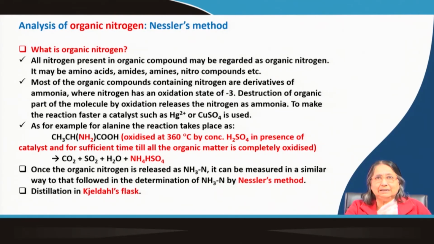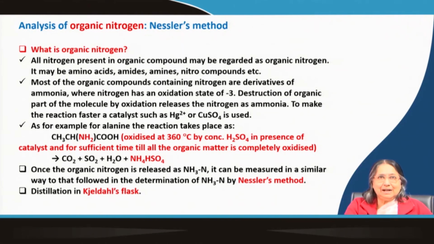There it is not oxidation, but at a later stage you can see it. You are degrading a very complex molecule, decomposing it to ammonia. It is a very tough job, so it takes time also. To make the reaction faster, a catalyst such as mercury 2 plus or copper sulphate is used. This is a catalyst. You have already learnt what a catalyst is.